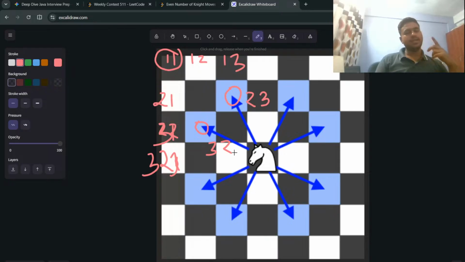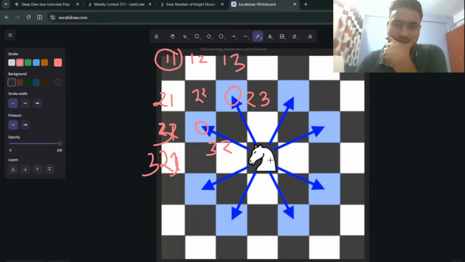And again, from 2 3, where can I go? I can go to this node, and this node.